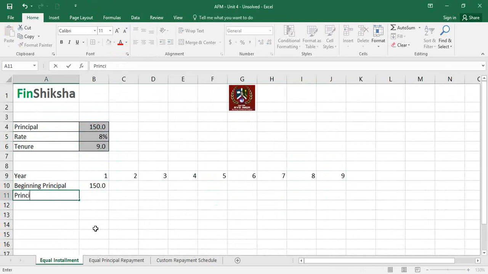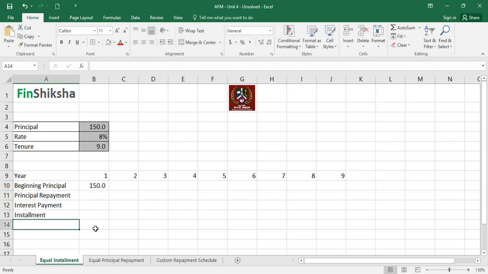So principal repayment is what we mention here. We also mention what is the interest payment. The sum of these two should give me my EMI, right, or the installment. So sum of these two should give me the installment, and then I should have a closing principal balance, right?